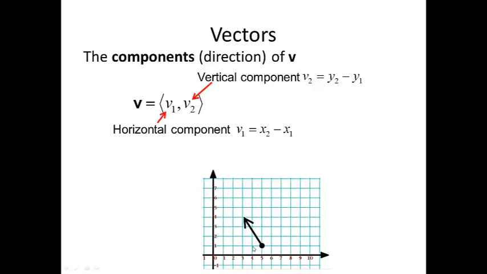So for this vector, even though it starts at 5, 1 and ends at 3, 4, the component form of this vector is 2 to the left, negative 2, and 3 up. Or you can just subtract the endpoint, 3 minus 5, and 4 minus 1, which will also give you negative 2, 3.